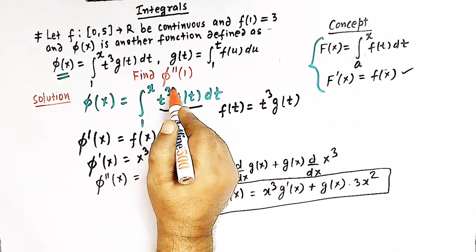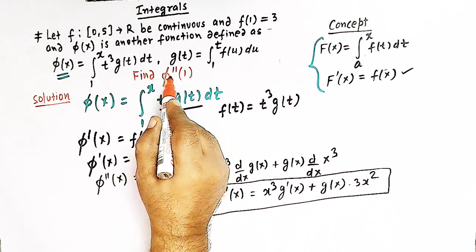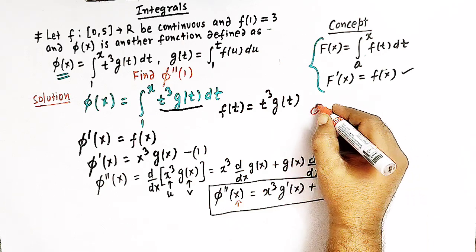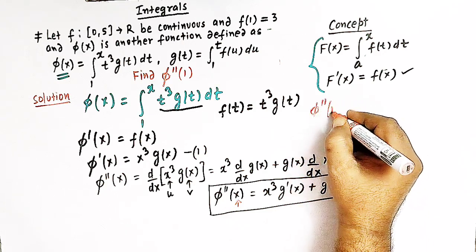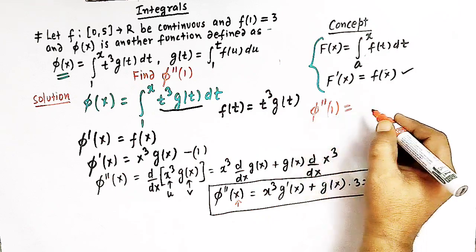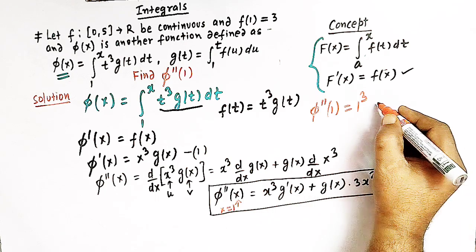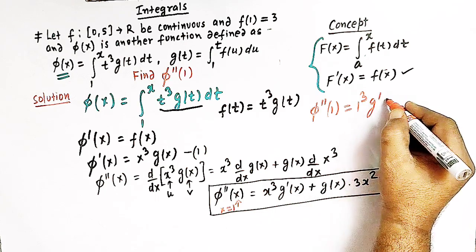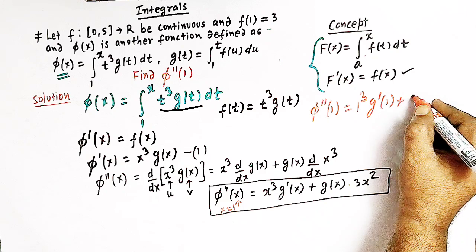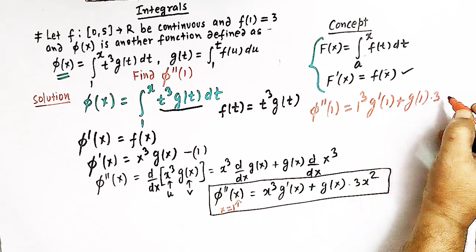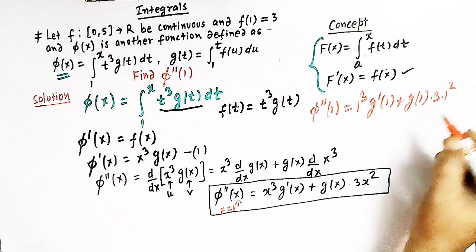Now we have to find out the value of phi double prime of 1. So replacing x by 1, we can write phi double prime of 1 is equal to 1 cube times g prime of 1, plus g of 1 times 3 times 1 square, right?